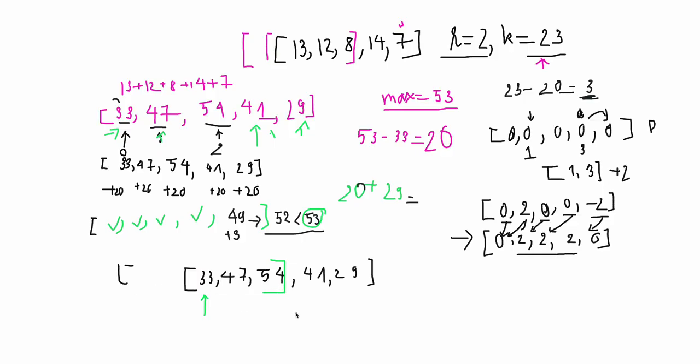So what is the range of the effect? If you update from the 54 here, the range of the effect would be like this. And this one would be the current index, I mean the starting point of the difference array. And the next element will be the end point.